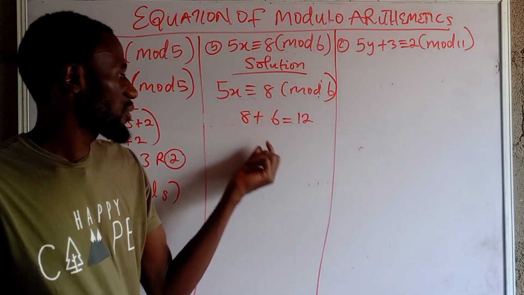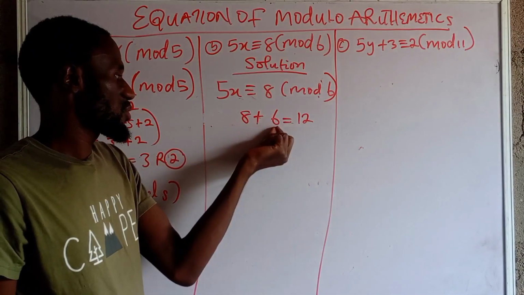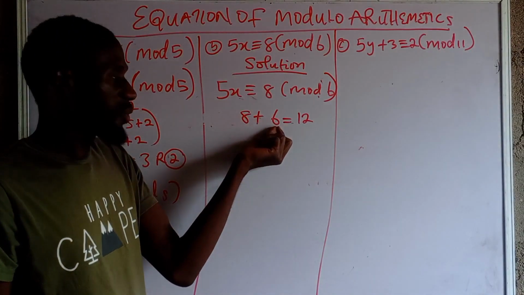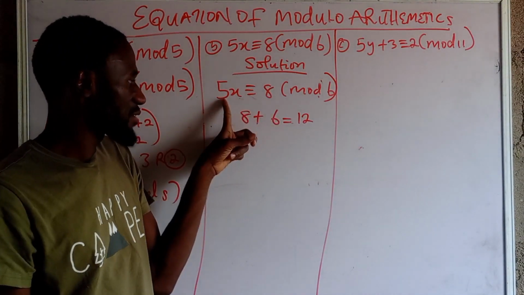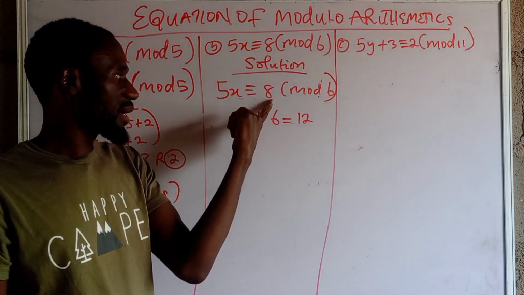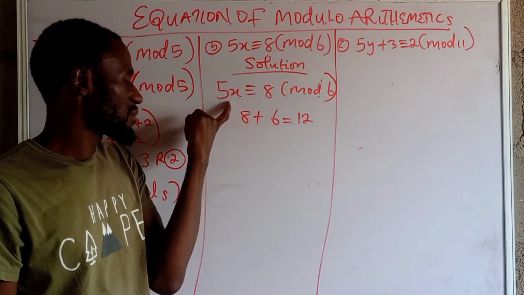Here we cannot solve this with a common linear equation where we divide both sides by 5, until we find a number that is divisible by 5.